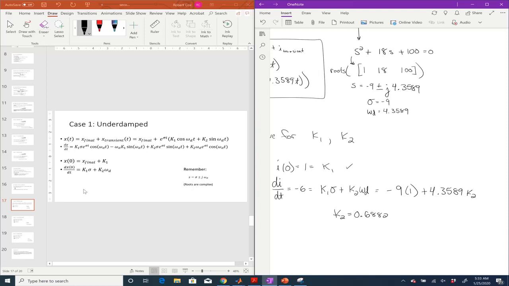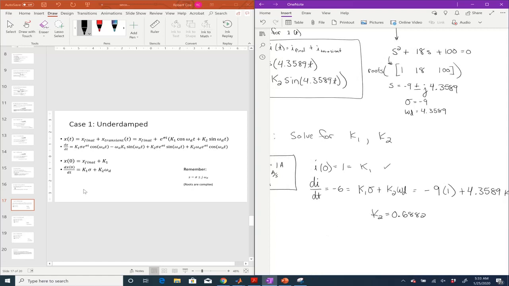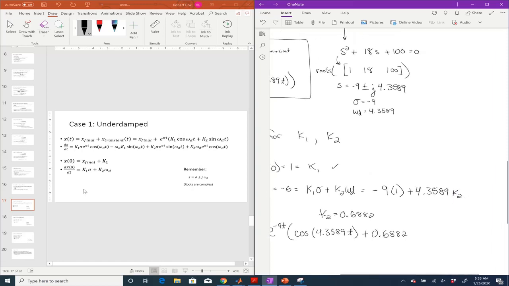So our final result becomes I of t equal to e to the negative 9t times cosine of 4.3589t plus 0.6882 sine of 4.3589t.